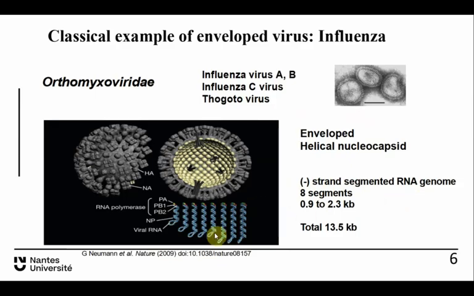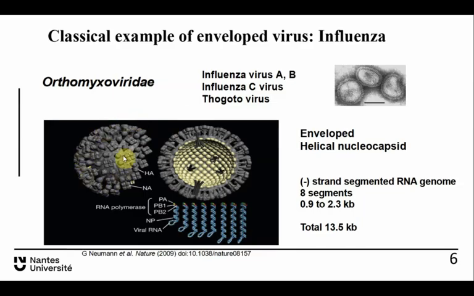What is quite specific about the Orthomyxoviridae is that the genome is segmented. Each virus particle will contain 8 different RNA molecules associated with the nucleoprotein. Basically, each one of these segments codes for one virus gene.